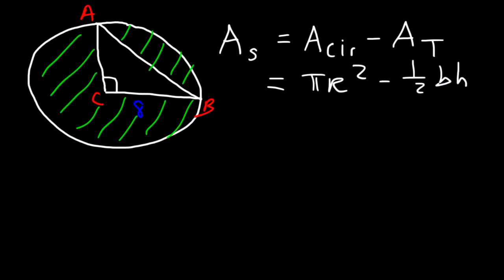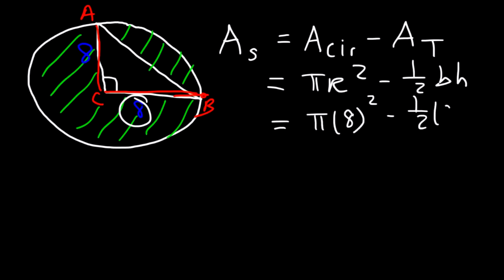Now notice that 8 is the radius of the circle. The radius is the distance between the center of the circle and any point on the circle. So AC is also the radius of the circle, which means this section is 8. And that's the base and the height of the triangle. So the radius, which is 8, is the same as the base of the triangle and it's the same as the height of the triangle.